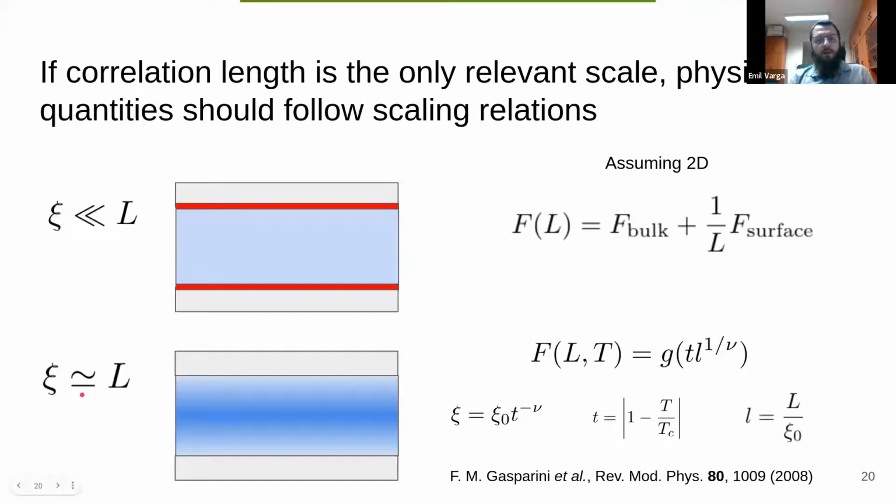On the other hand, when our system size becomes comparable to the correlation length, some more general behavior is expected, but again, the behavior should be universal for a given type of geometry, and it should be a universal function of a dimensionless parameter that looks like this, which is basically the size of the system rescaled by the temperature dependent correlation length.